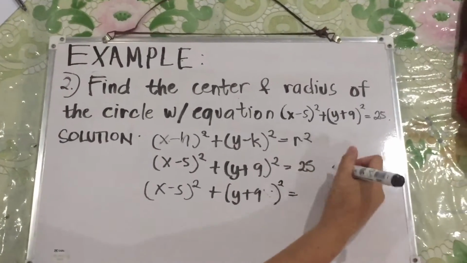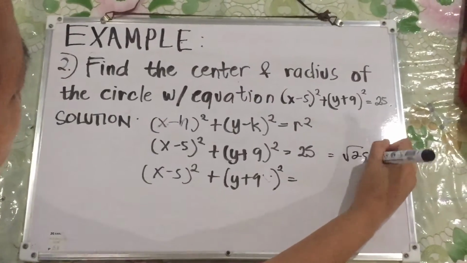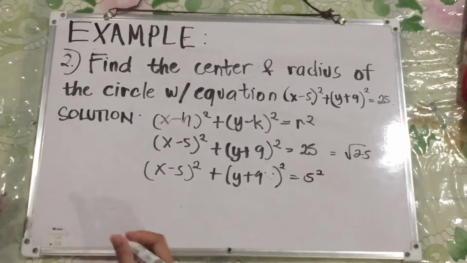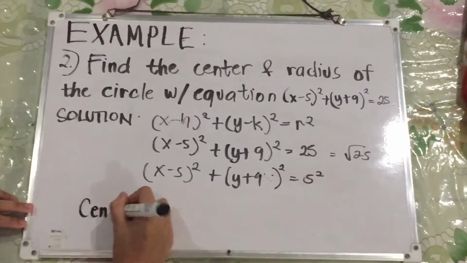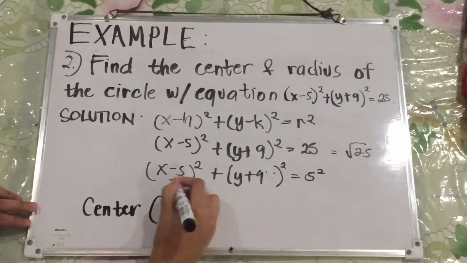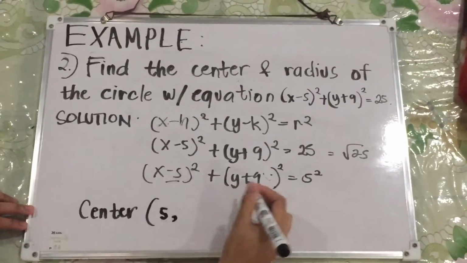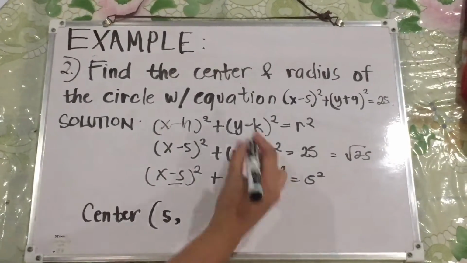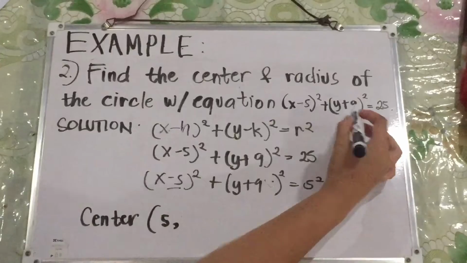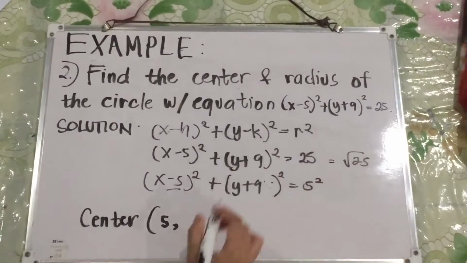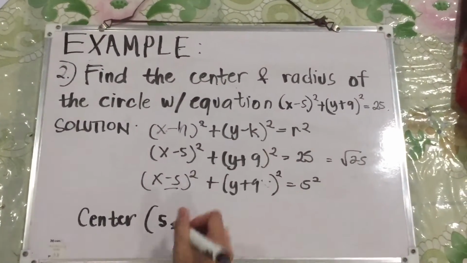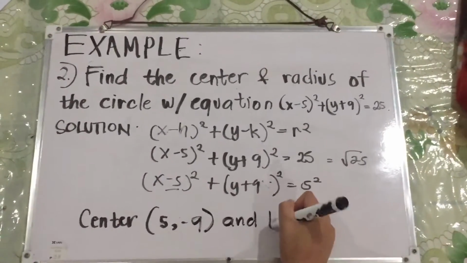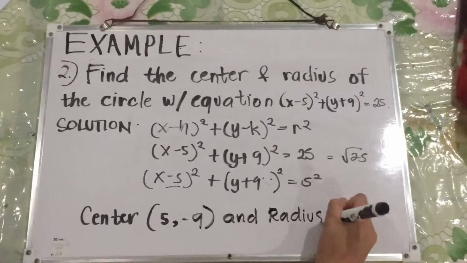The square root of 25 is 5. So we can now have the center: h is 5 and k is 9 times the negative, since this is positive, so we multiply it by the negative from the standard form, so that is negative 9. And the radius is 5.